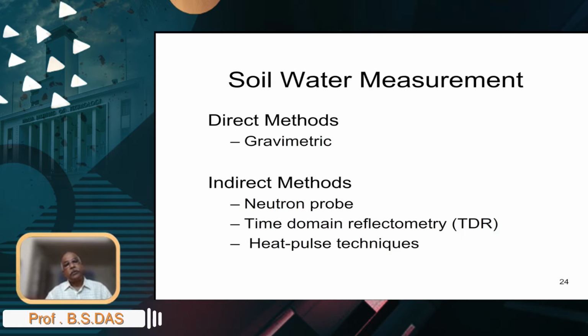In the direct method category, there is only one, which is the measurement of gravimetric water content through the thermal approach, where you basically dry the soil, as I mentioned, at 105 degrees centigrade for 24 hours. And there are a bunch of indirect methods, and we'll go one by one, so that you have a good feel for how soil wetness is measured.